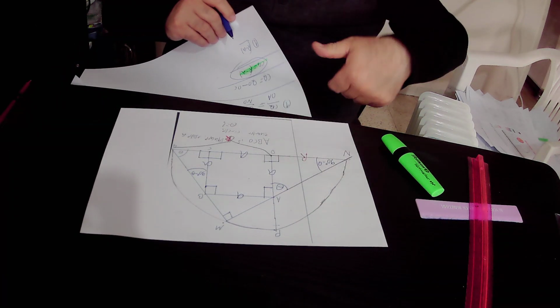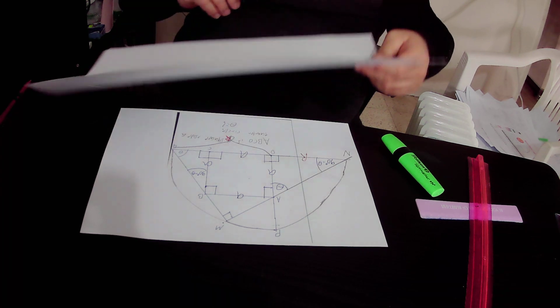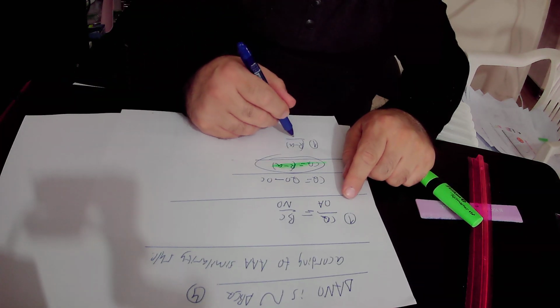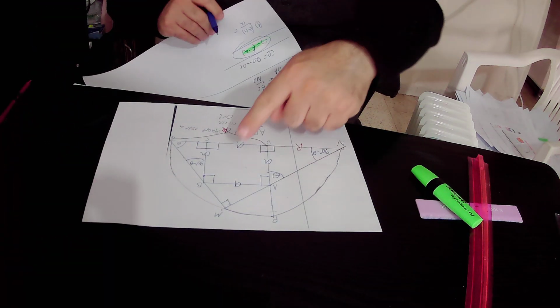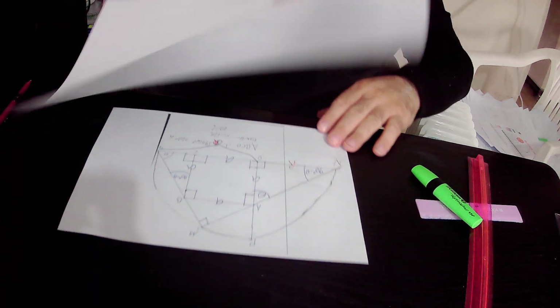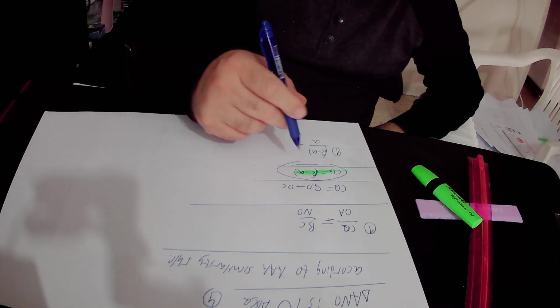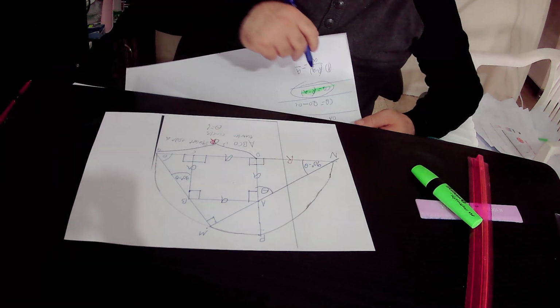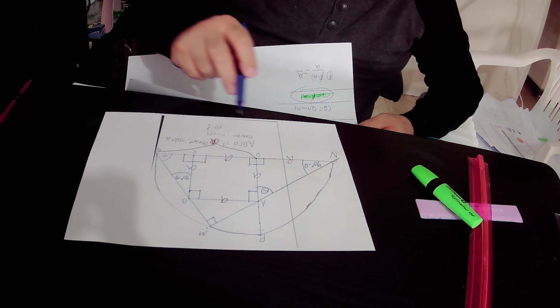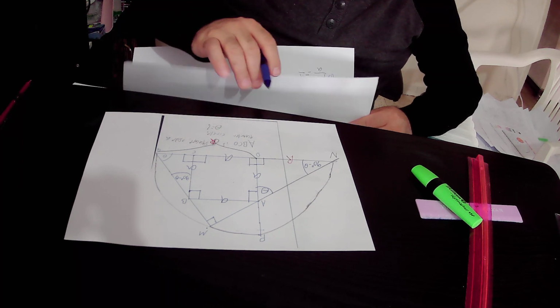OA is also equal to A, so we substitute OA in equation number 1 by A, and it is equal to BC. BC is also equal to A, so we substitute BC by A in equation number 1, over NO. NO is equal to R.